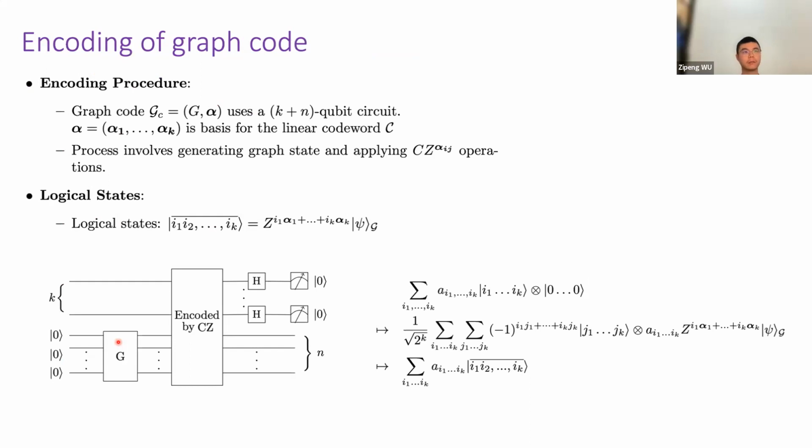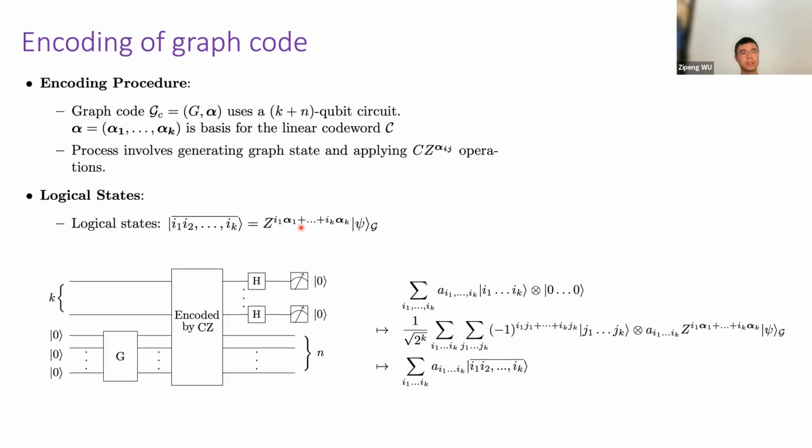As I have mentioned above, the graph code is defined by a graph and a classical code C. The code C is linear, therefore the capital K elements of the linear code can be expressed by small k linear basis, where k equals log 2 of capital K. Therefore, we can define the logical state for this graph code, where the logical state is the summation of the code word basis with the indices, with the computational basis, summed over it, resulting in a Pauli Z operator acting on the graph state.